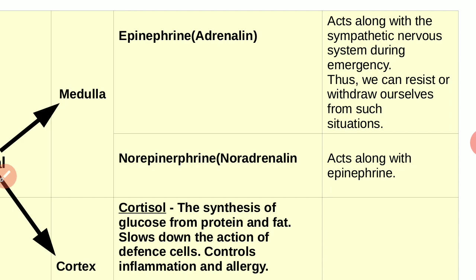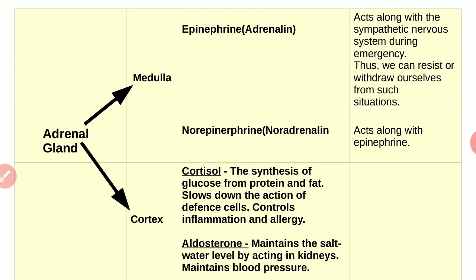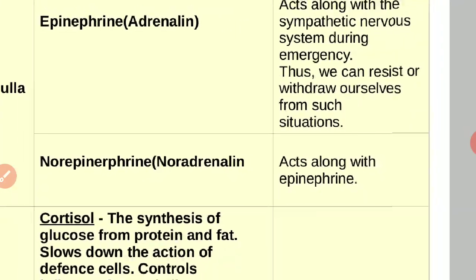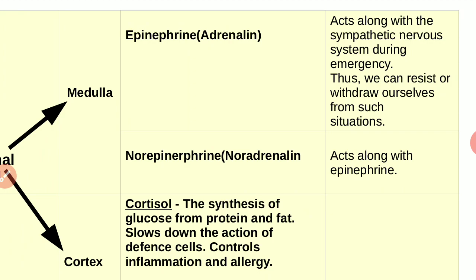This is an activity happening during emergency, and for that the sympathetic system helps. Along with the sympathetic system, epinephrine, or adrenaline, produced by the adrenal gland, helps to increase the heartbeat and also to bring it back to normal, in both cases. This is what it means.